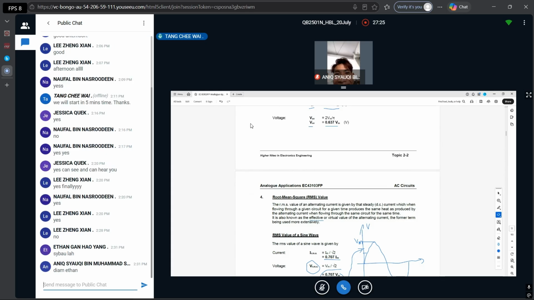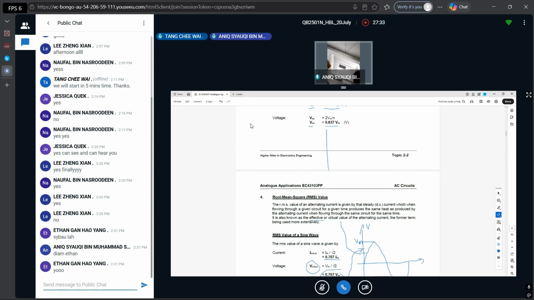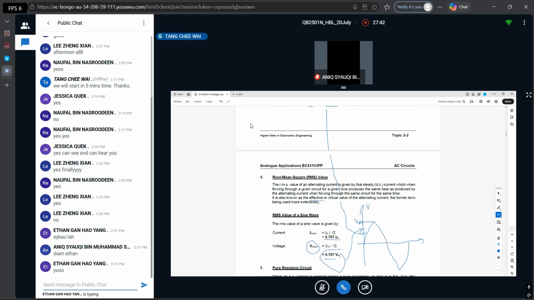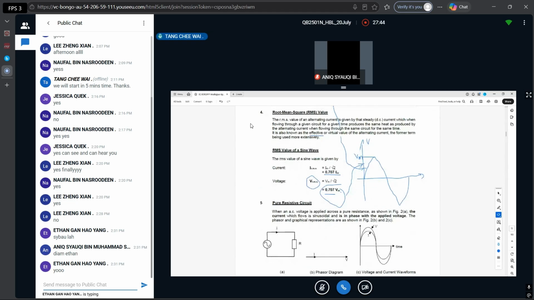So this one will be your V mean. Basically, it looks like that for the two values, V average and V RMS.